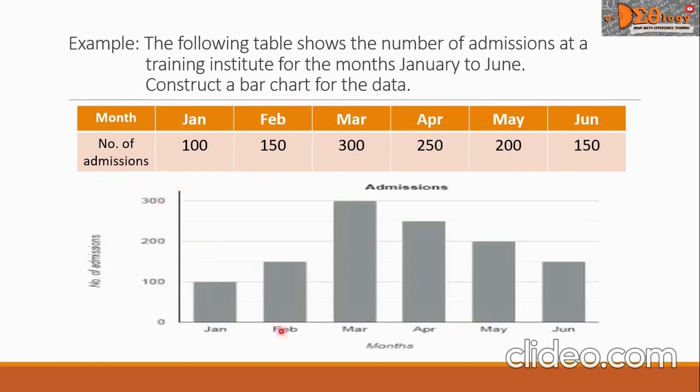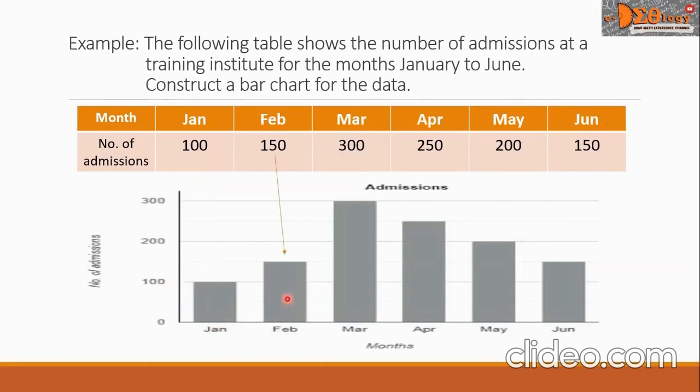Please observe that our rectangles here are of equal width and they represent each month with the corresponding number of admissions. The first rectangle here represents the month of January, and the height of the rectangle corresponds to the number 100 with respect to the frequency.